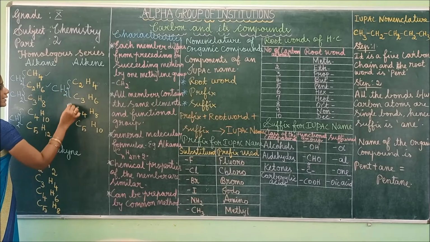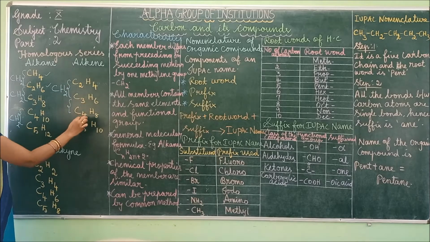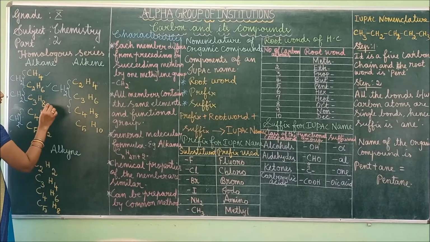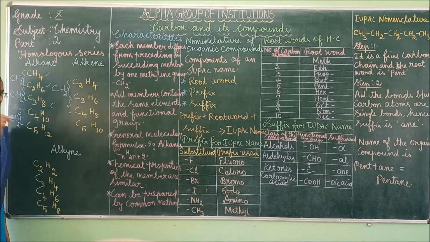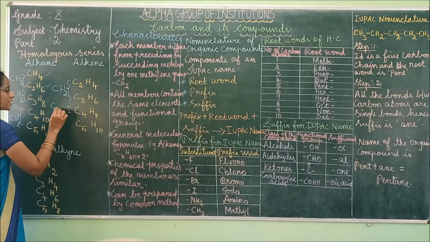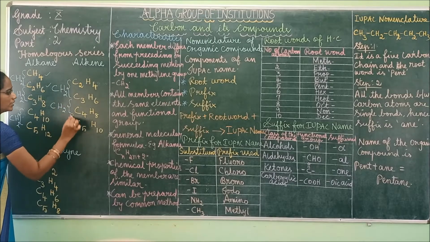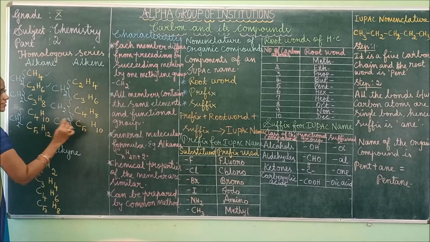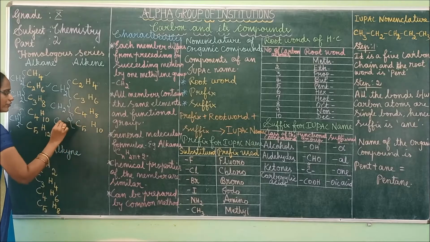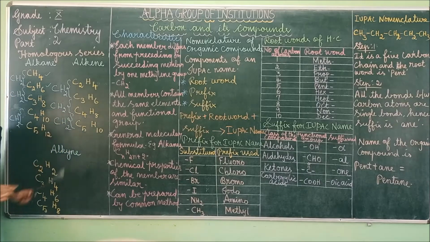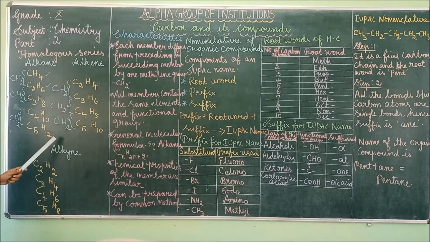CH2. We can take C3H6 and C4H8. There is a difference of how many carbon atoms? Only 1 carbon atom and a difference of 2 hydrogen atoms. Take these two, a difference of 1 carbon atom and 2 hydrogen atoms. So this is the CH2 group.